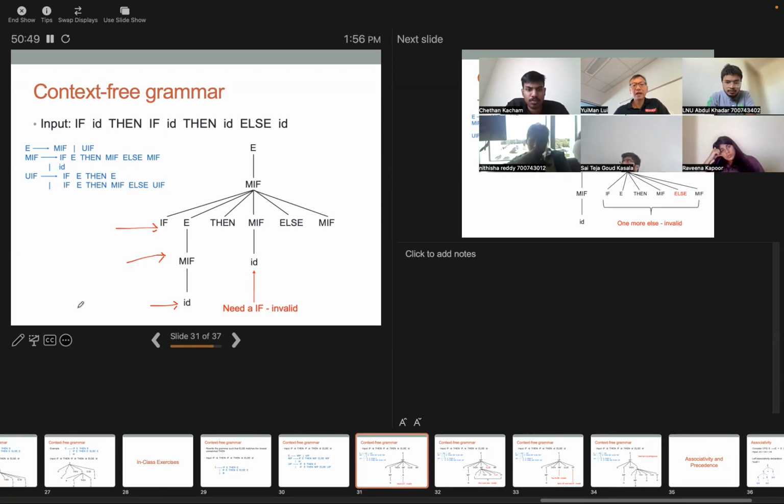So if I have chosen ID, it's not going to match, right? MIF has two options, right? If I choose a second option, that's not going to match. You agree? So this is not the correct route. Does not match.